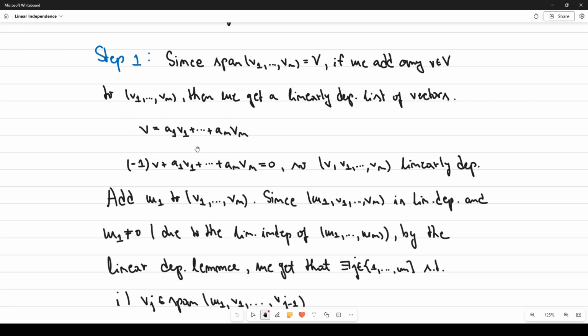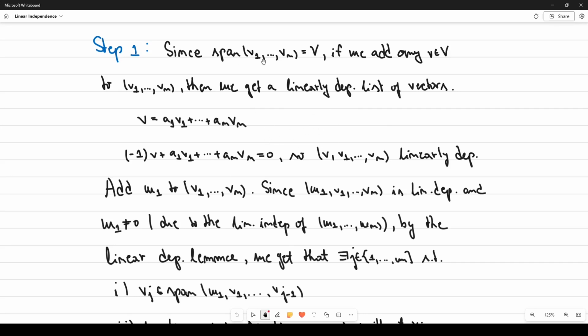To see that that is the case, if v belongs to V, then it belongs to this span, so it can be written as a linear combination of vectors, and then I can write this linear combination: minus 1 times v plus the linear combination is equal to 0. And this is a linear combination of the vectors in this ordered list, so this list is linearly dependent.